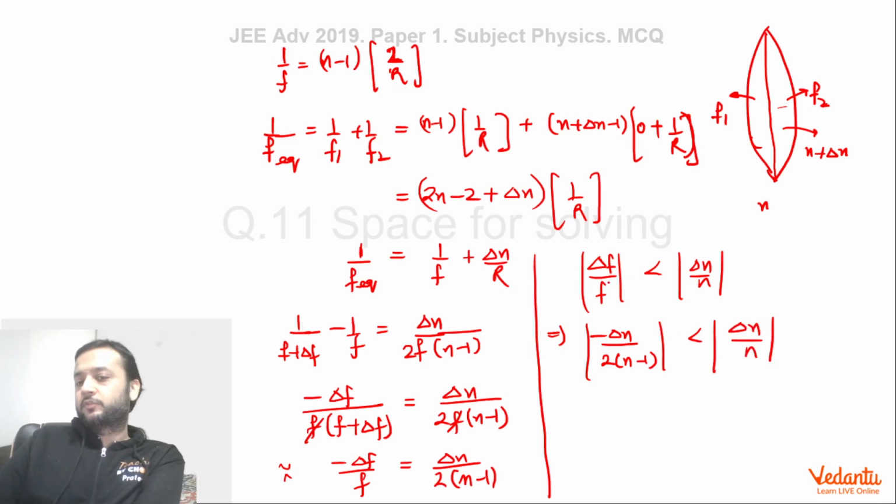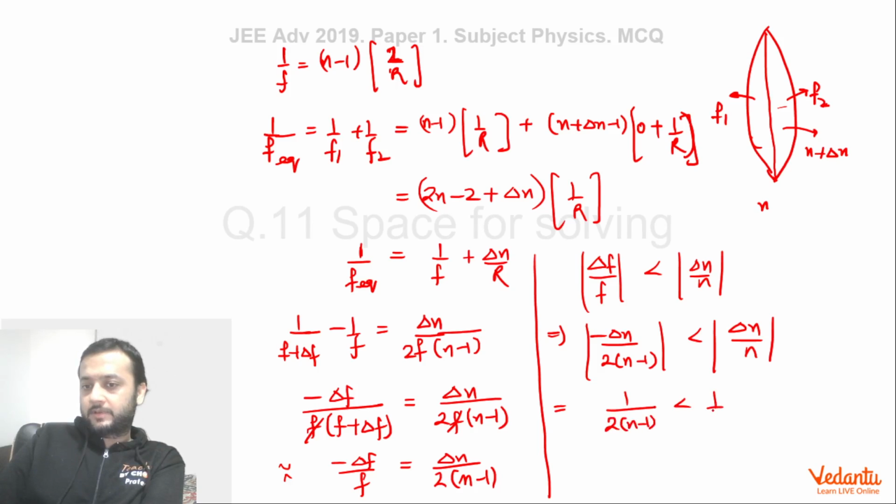That means if we have to check for this, that means it is equivalent of checking for this. Now inside the modulus there is no significance of negative sign, so you can ignore negative, and delta n will cancel out. So this will become 2n minus 1 less than 1 upon n. Modulus I have removed because already I know that n is greater than 1.